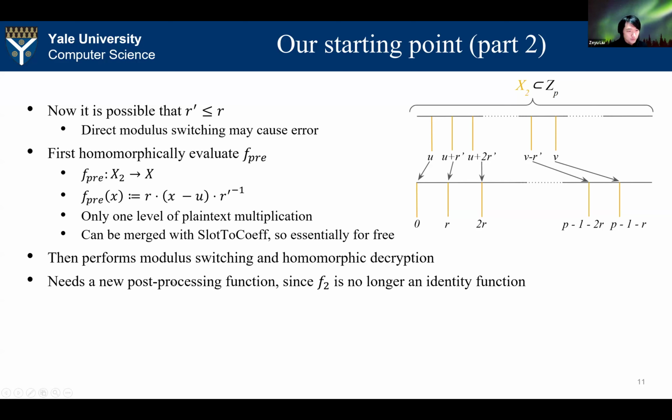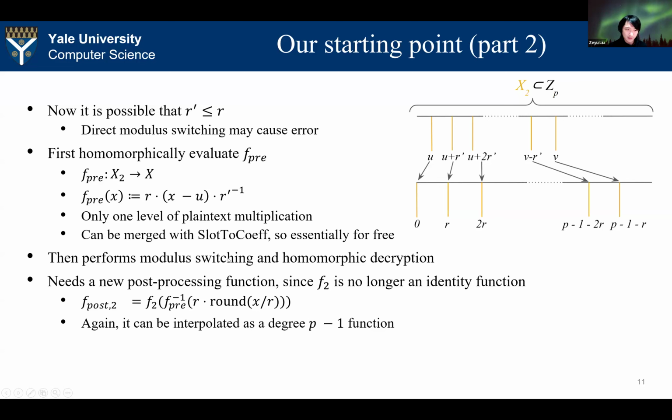Of course, now we need a new post-processing function because f2 is no longer the identity function. Also, even if it is, we need to map back to X2. So f post 2 can be just this function. It's a bit complicated, I will not expand, but the point is that it can also be interpolated with just a degree p-1 function. So it will cost essentially the same as the first starting point we discussed.